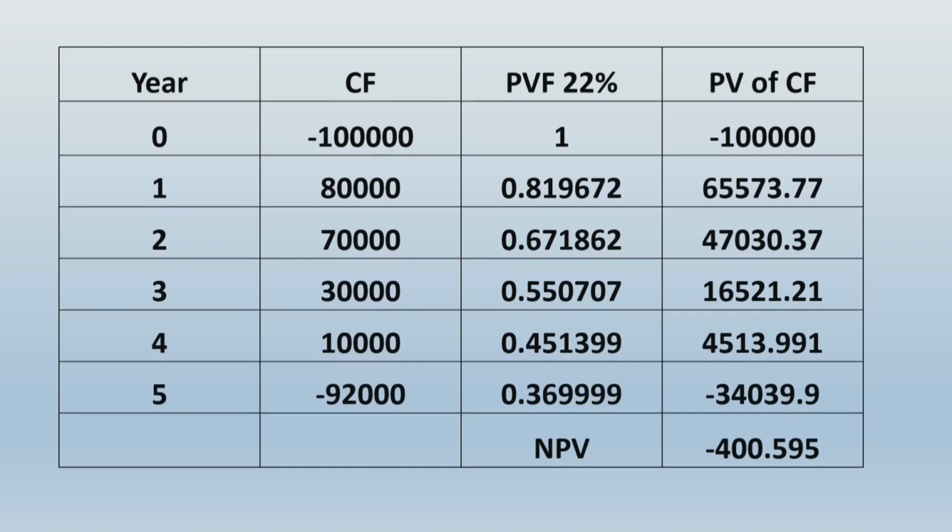Now once again let me explain. At 10% discounting rate there was a positive NPV, so it gives you a clear indication that the IRR of the project must be greater than 10%, and therefore we have worked out higher discounting rates and we could find that one of the IRR will be between 21 and 22%.